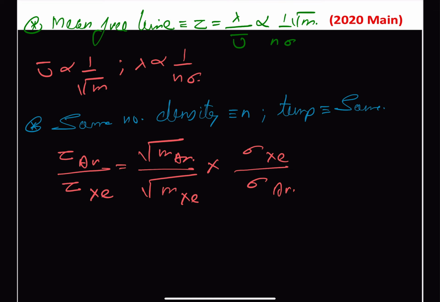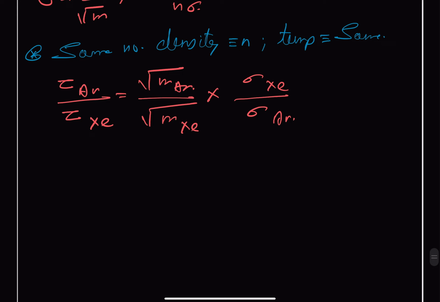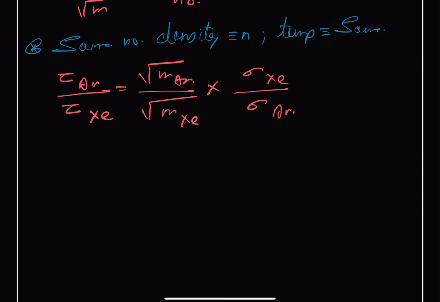And we know that for solid or hard spheres, which is something like a nucleus, sigma is directly proportional to radius square, or diameter square.